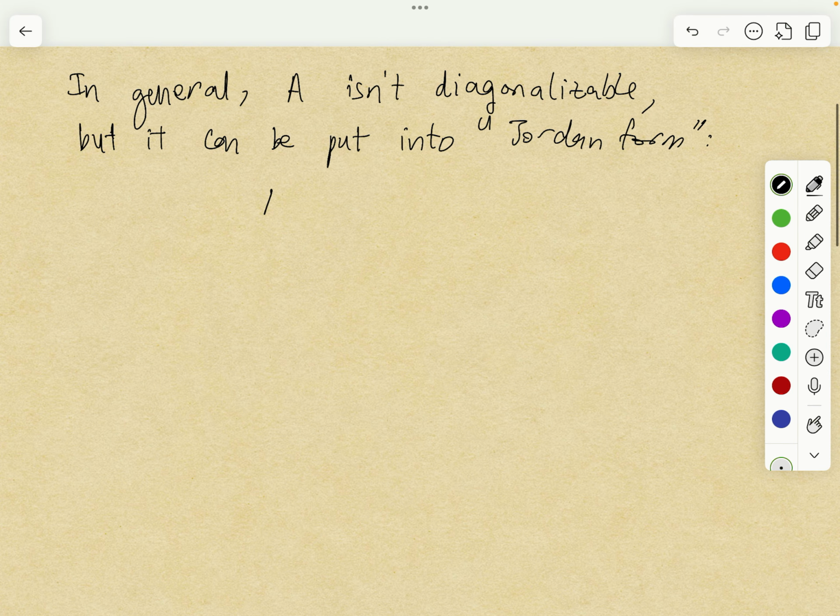In other words, we can write it as PJP inverse, where J is a matrix in what's called Jordan form. The Jordan form is easy to describe in the case of a 2 by 2 matrix, and that's the only thing I'm going to describe. But there's a general theory of Jordan form for n by n matrices.